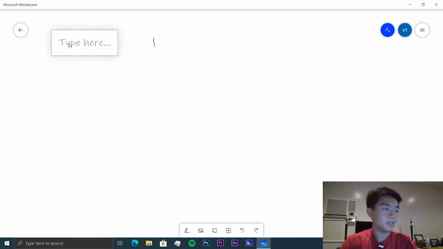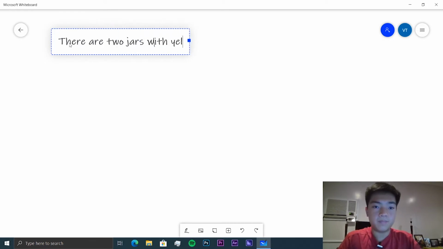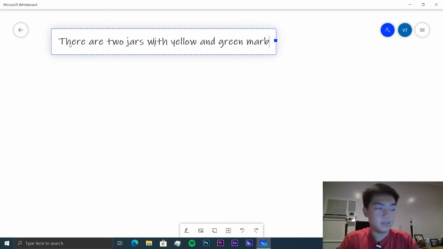First, there are two jars with yellow and green marbles.